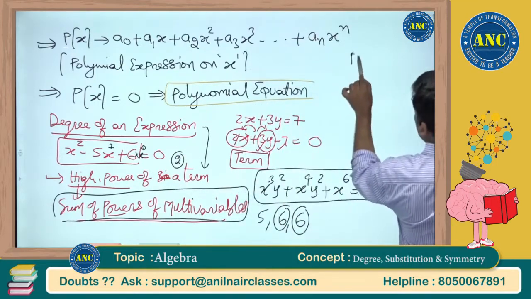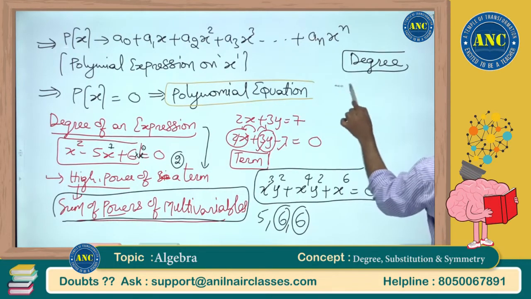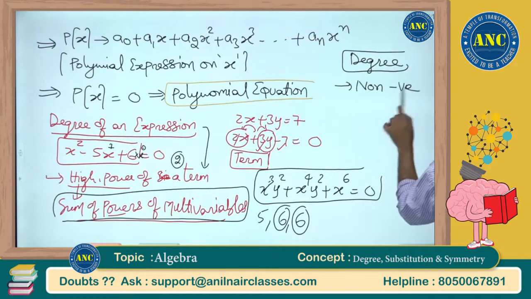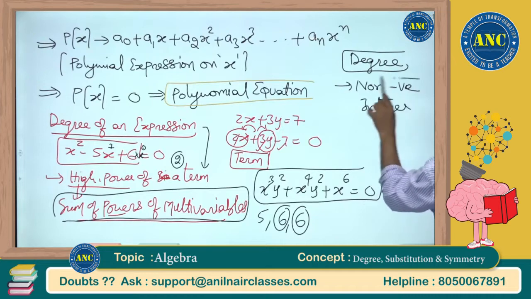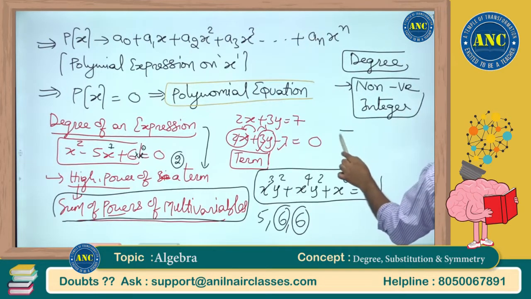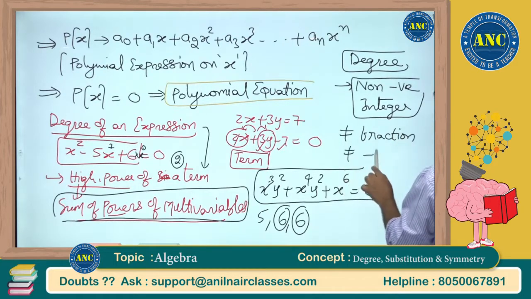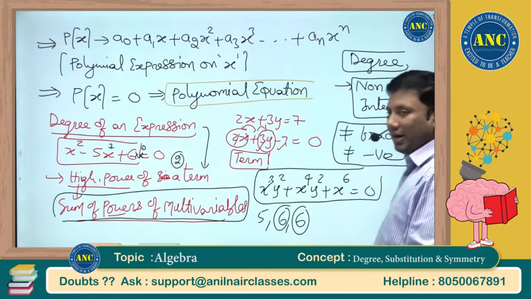Another important key point: degree will always be a non-negative integer. Degree can never be a fraction. Degree can never be negative. Why cannot degree be a fraction or negative?